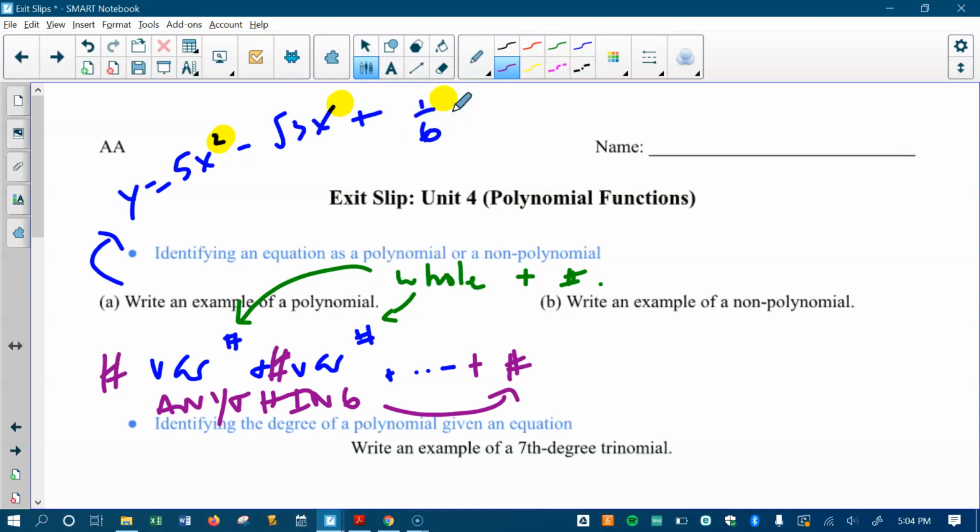An example of a non-polynomial would be something like y equals x squared minus 5 over x, or y equals root x. Something of that nature, where there's a radical square root around the variable, or the variable is in the denominator when it's not supposed to be.